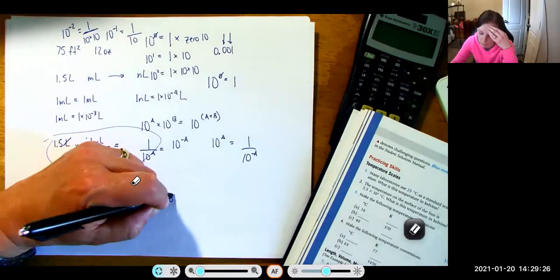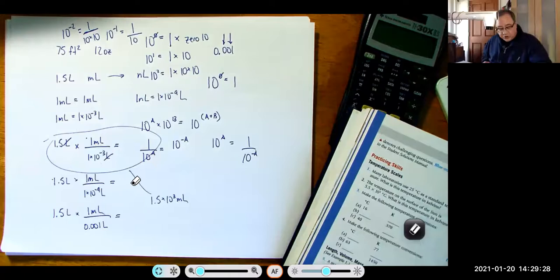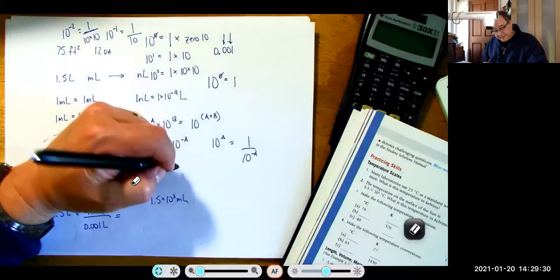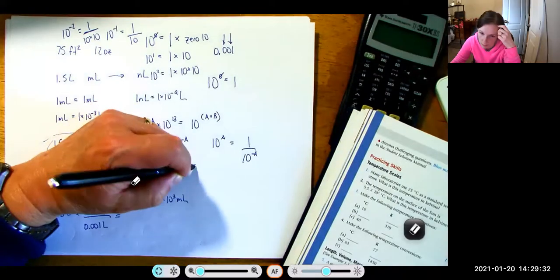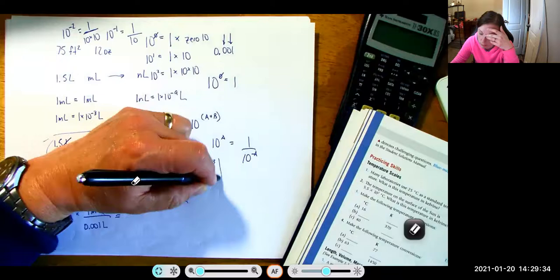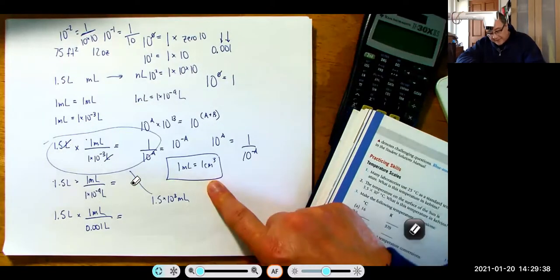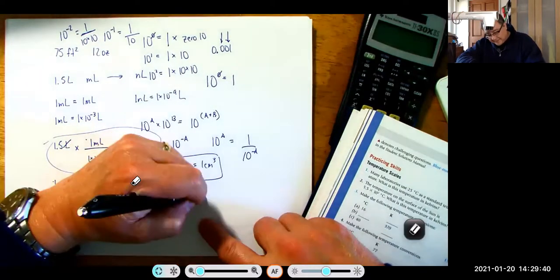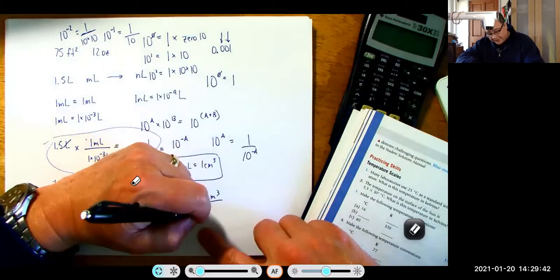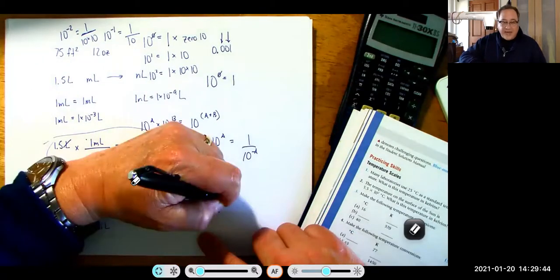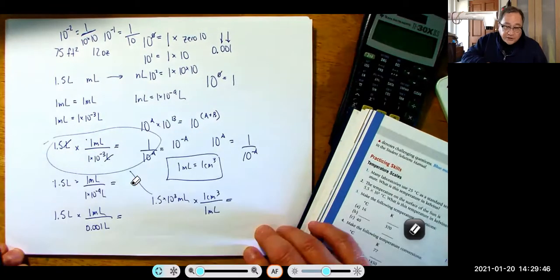For cubic centimeters, you should learn this. Isn't it the same? They're the same. Okay. So on your first test, I would expect to see this if I asked you a question like this. You don't get to say, oh, they're the same. You show the conversion.